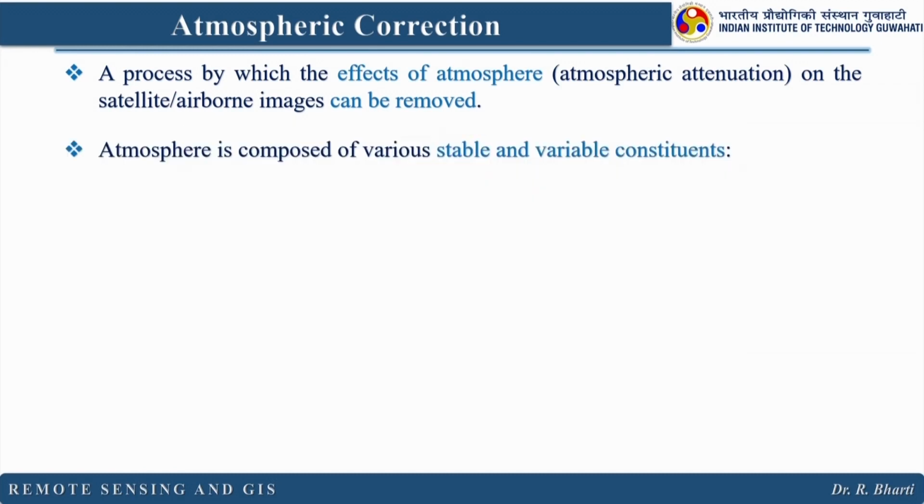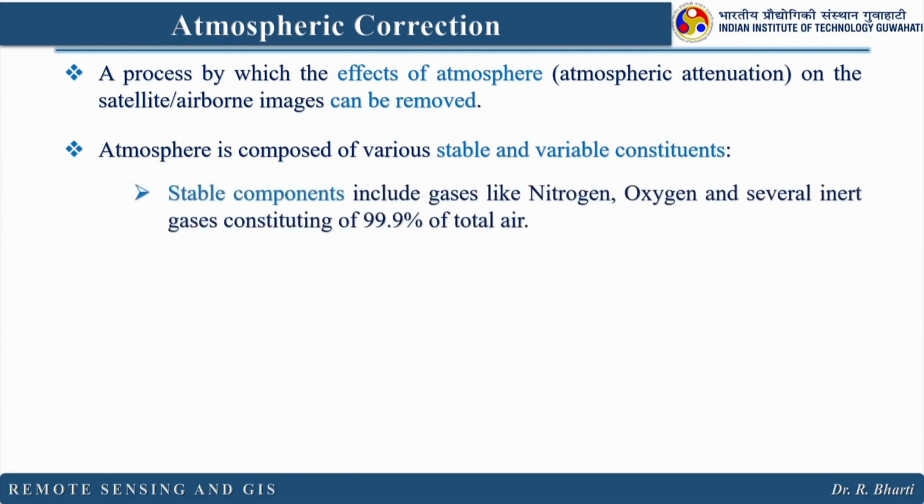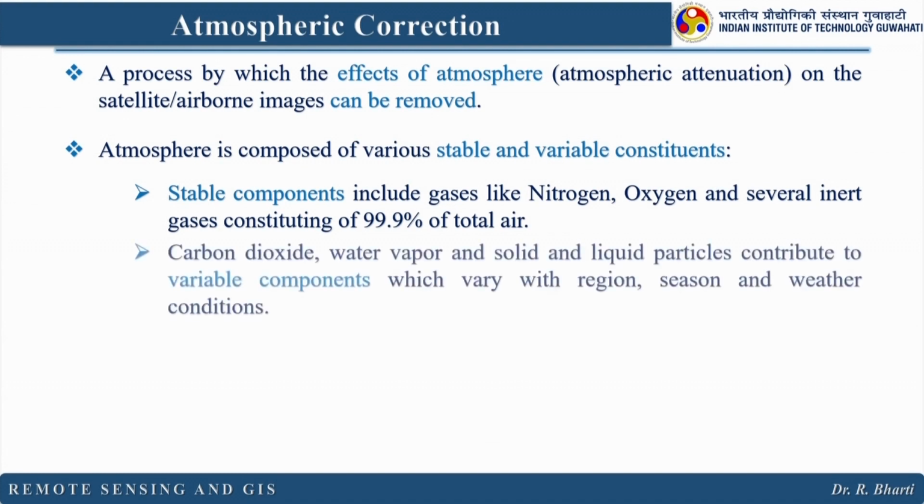The atmosphere is composed of various stable and variable constituents. One of them is the stable components, which include gases like nitrogen, oxygen and several inert gases, constituting 99.9% of total air. The other is the variable components, like carbon dioxide, water vapor and solid and liquid particles, which vary with region, season and weather condition.